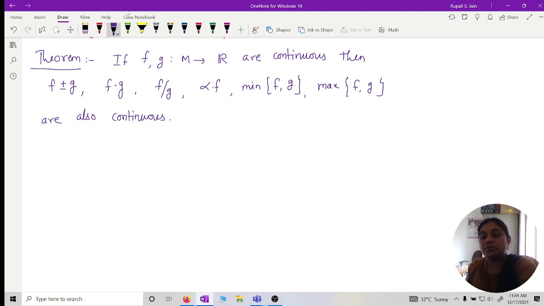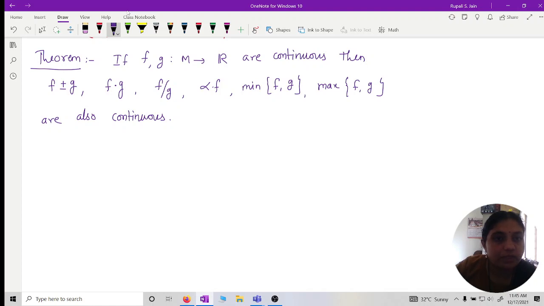We can easily prove that if f and g are continuous functions from a metric space to R, then their addition, subtraction, multiplication, division, scalar multiplication, and the minimum and maximum of two continuous functions will again be a continuous function.